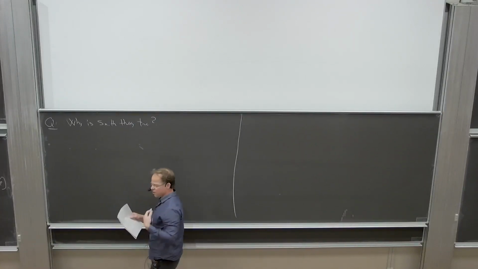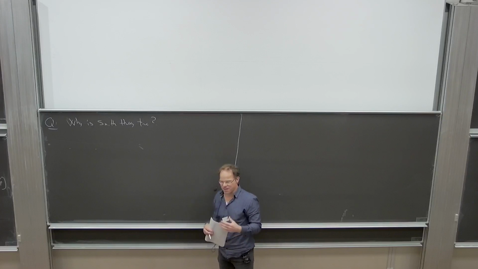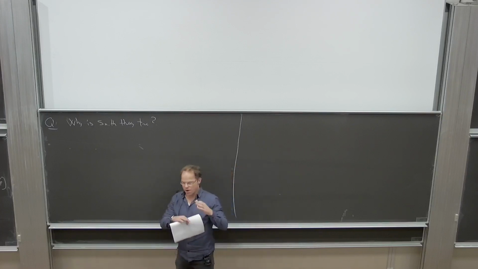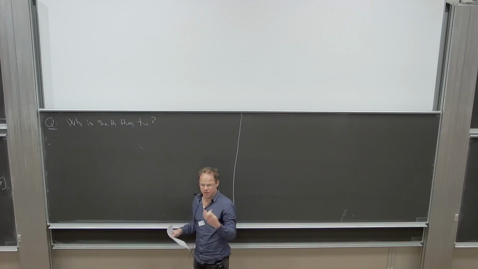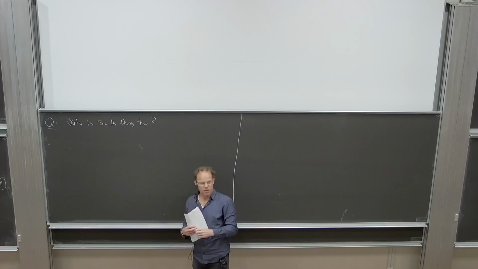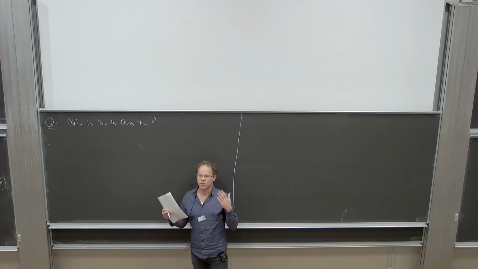But the thing which is behind much of Smith theory is the localization theorem. David did it in a slightly different way, where he didn't mention the localization theorem, but I just want to mention it because it will also probably tie into some of the things which will happen next time.